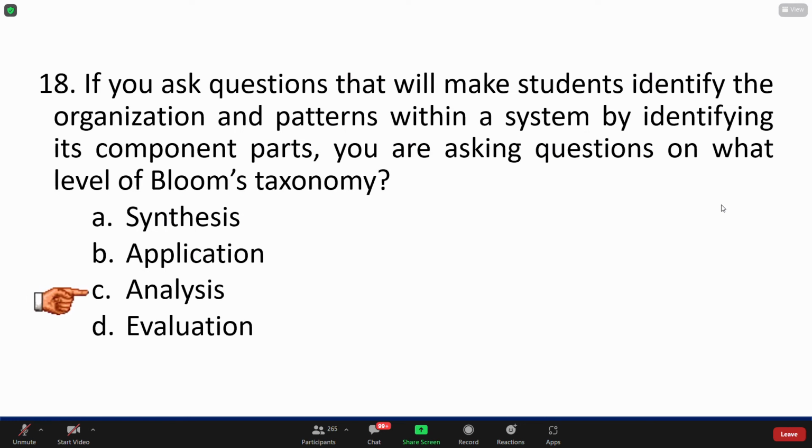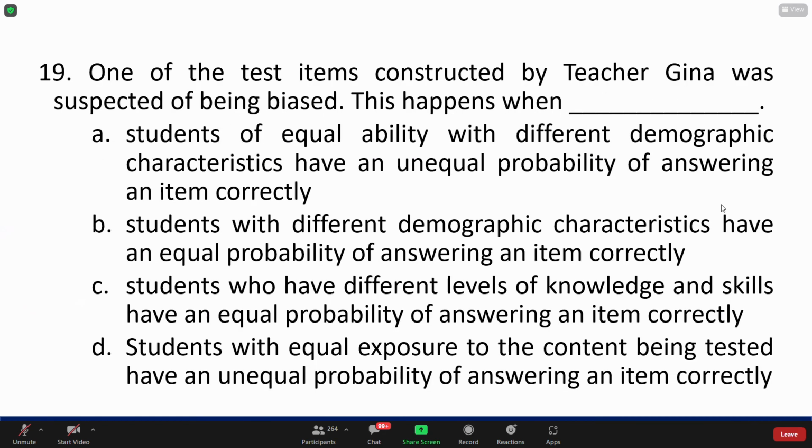The opposite is when you combine to make something new, which is synthesis. Here it's breaking down into component parts, so this is analysis. Again, my tip is to look for keywords and key concepts you can use. Number 19, please.